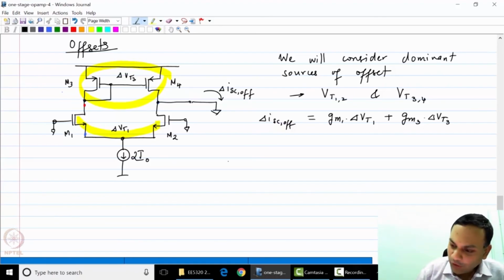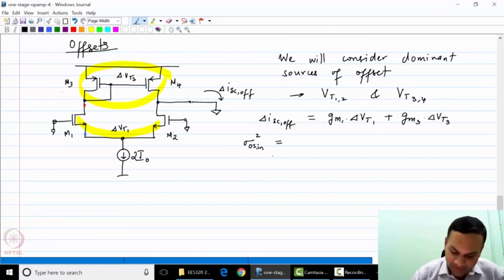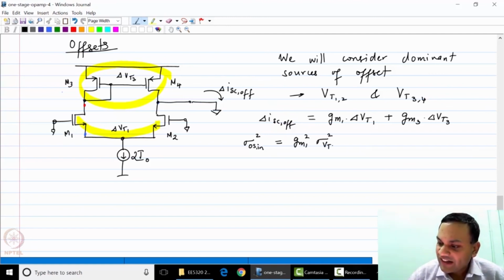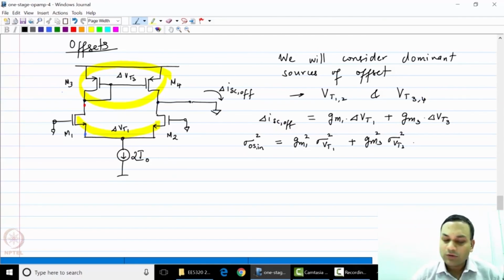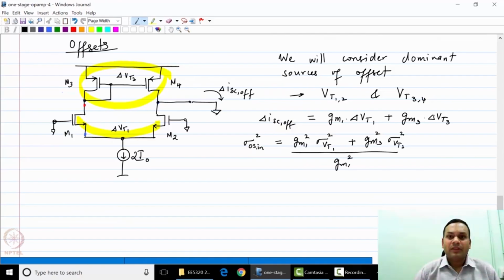Now therefore you can write the sigma squared offset at the input as clearly GM1 squared sigma squared Vt1 squared plus GM3 squared sigma squared Vt3 squared, over the transconductance squared, which is GM1 squared.